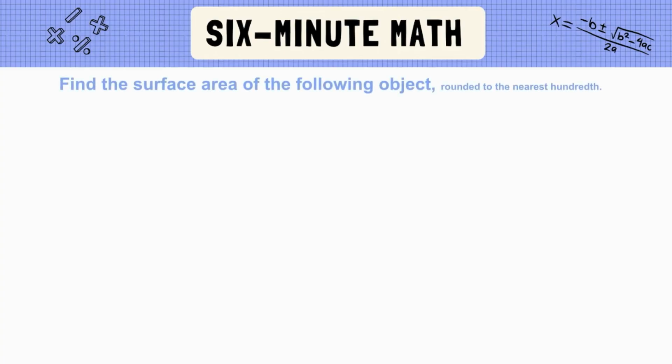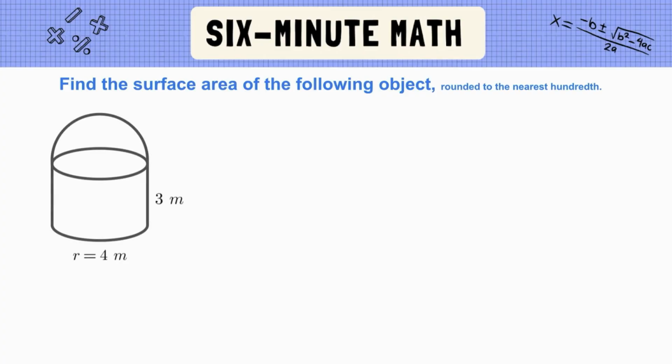Let's check out another example here. We're going to find the surface area of the following, and we have this composite shape. So what two shapes do I have? I have a cylinder and a sphere, or in this case, half a sphere.